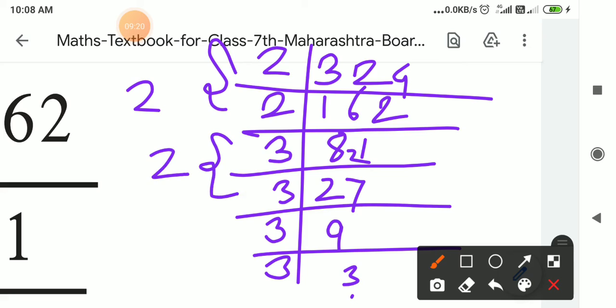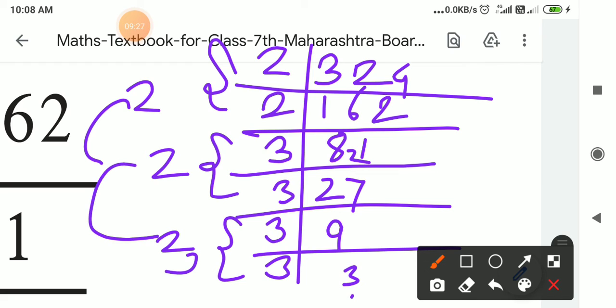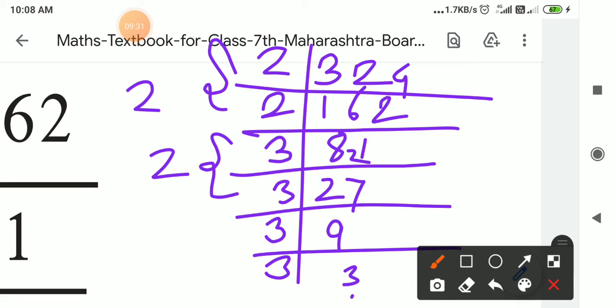For these 3, take one 3. For these 3, take one 3. Sorry, my mistake. Here for these 3 you have to take one 3 and here one 3. So 2 3s are 6 and 6 3s are 18. 324 is the square of 18.